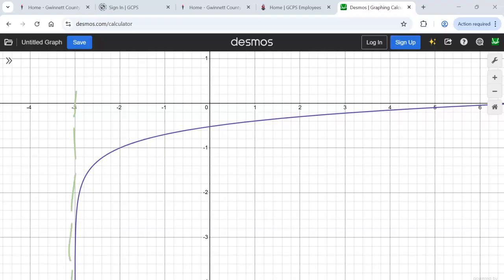Now again, that asymptote at -3 is going to be very important, so domain is going to depend on this -3. Domain is going to be from -3 toward infinity. Okay. So we got domain -3 to infinity.